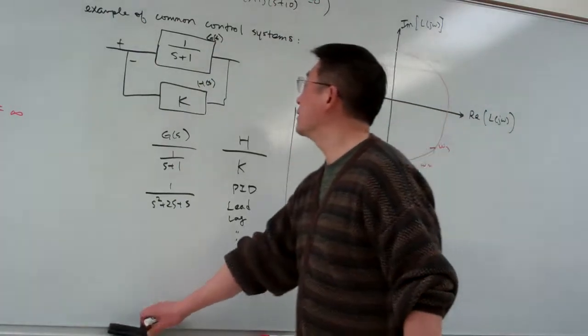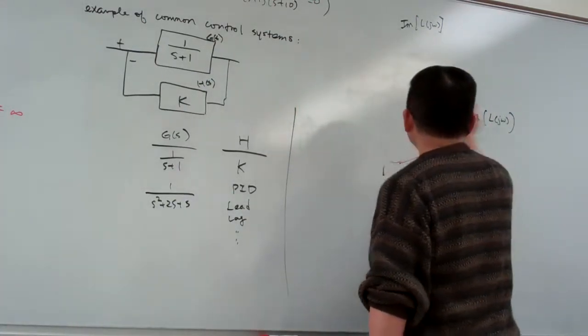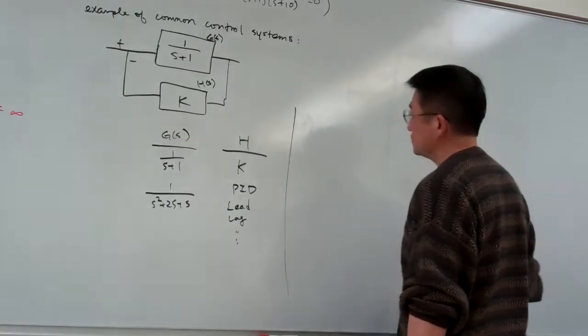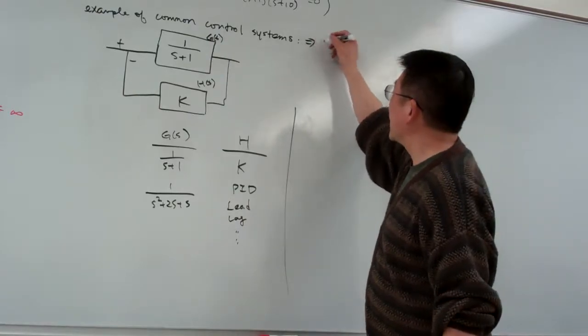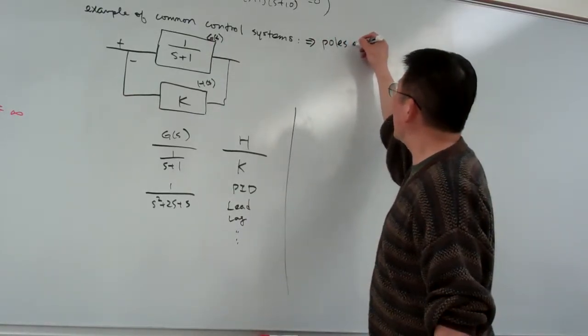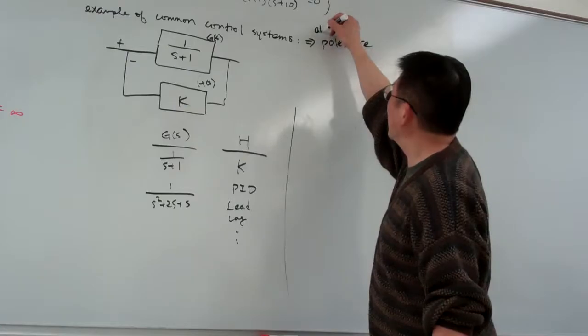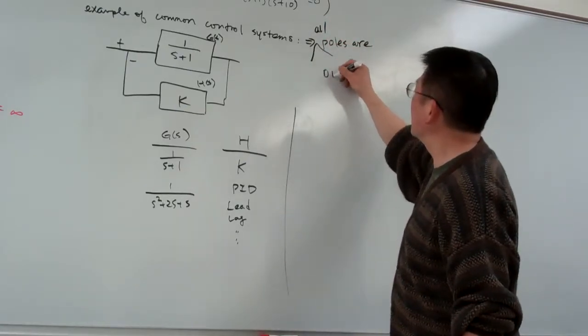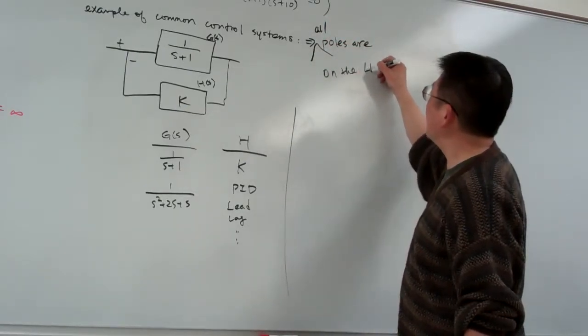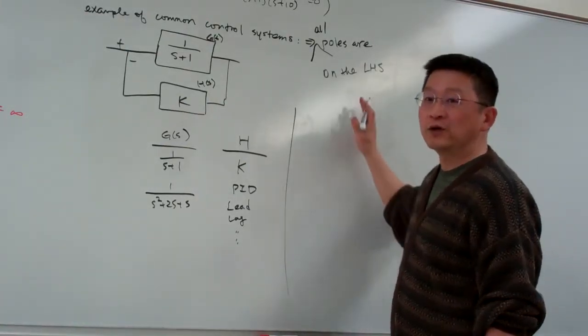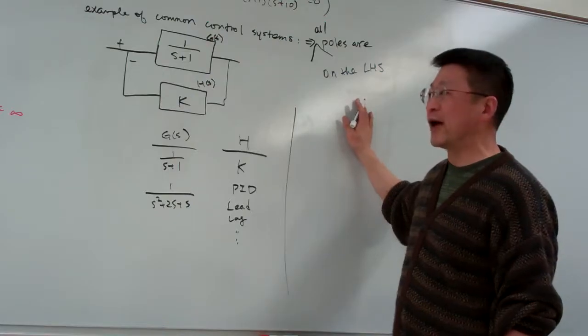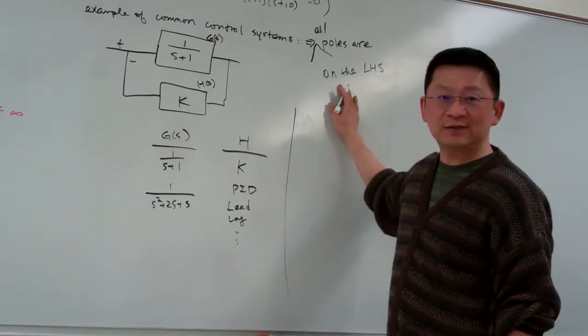And here, less common. So for those common control systems, all the poles are on the left-hand side, right? For most of the common systems we've been exercising, that is this case.